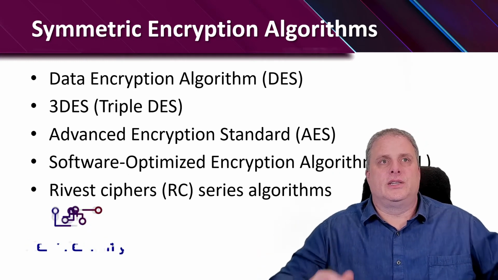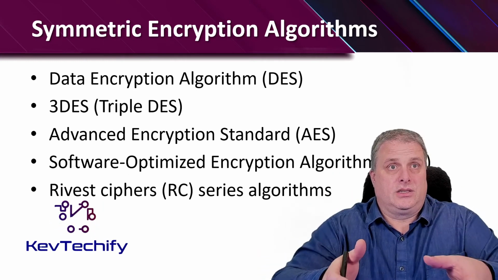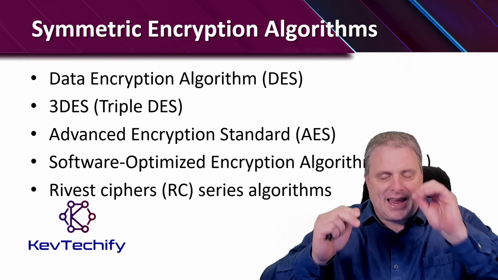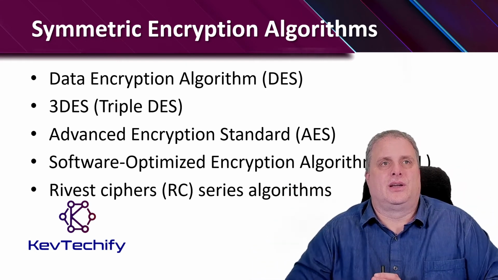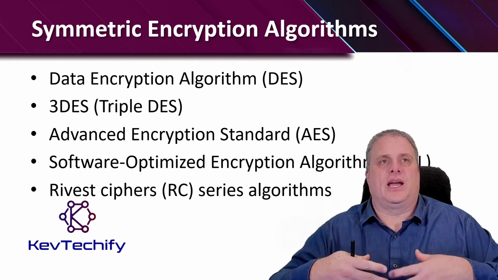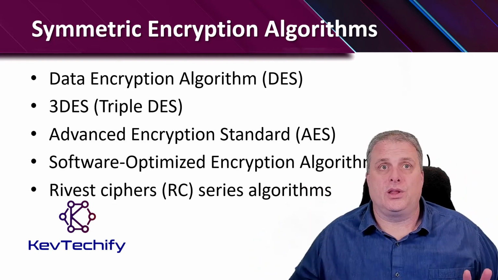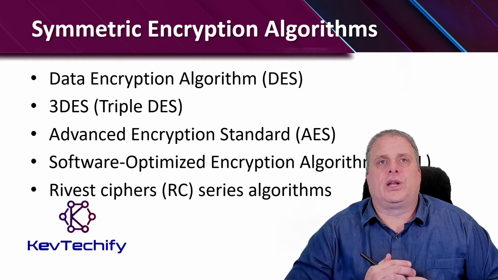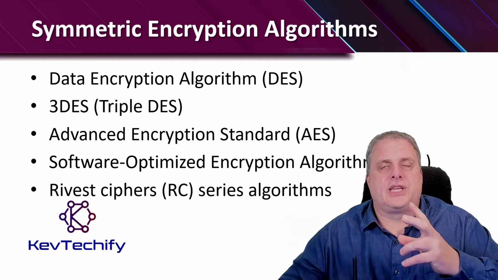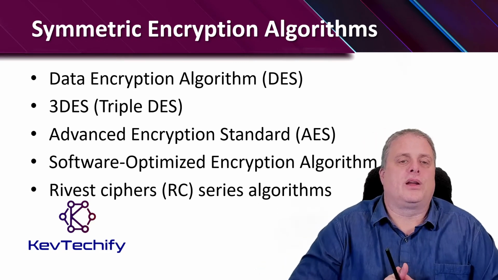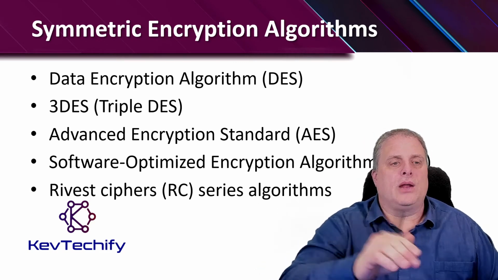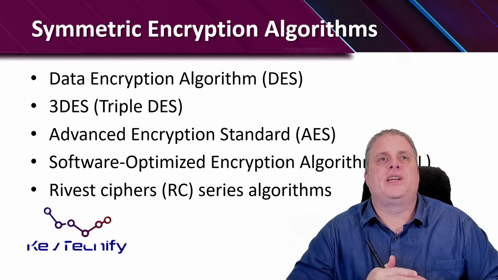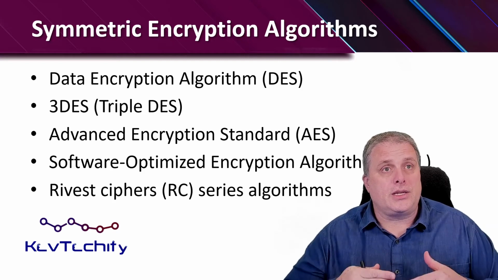Triple DES is a newer version of the DES, but it repeats the DES algorithm 3 times. It goes through that encryption process 3 times. It's considered very trustworthy, and they implemented it using a very short key lifetime, meaning those keys change on a fairly regular basis. Then we have advanced encryption standard. This is a secure and more efficient algorithm than triple DES.